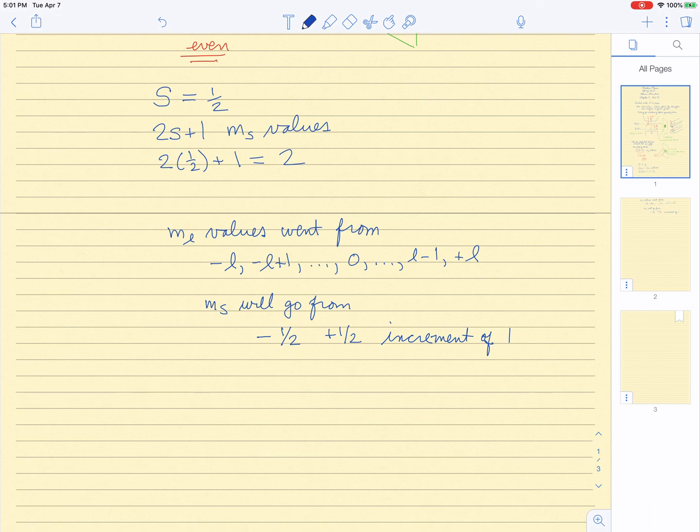M sub L times h bar represented the z component of the orbital angular momentum.